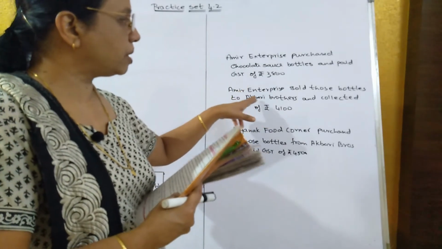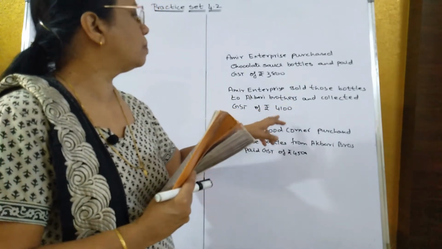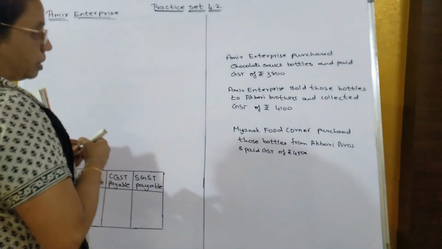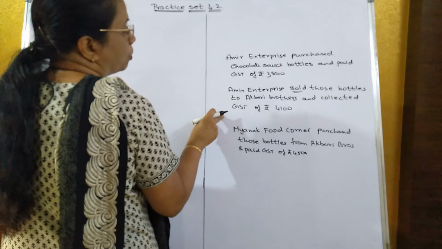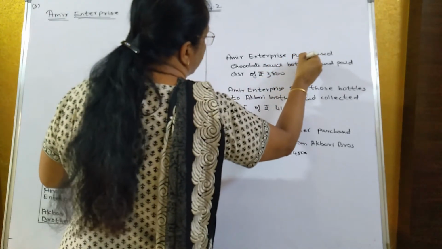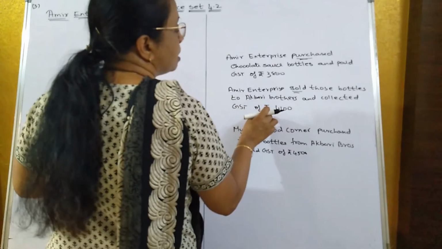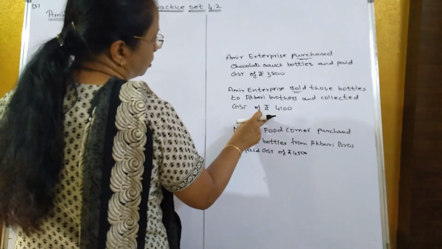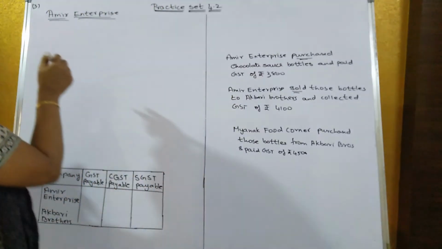That is, Amir Enterprise sold those bottles to Akbari brothers and collected GST of rupees 4,100. So whatever is sold, that is called output tax, and whatever is purchased at whatever price, it is known as input tax. So the price at which one sells is called output tax, and the price at which one purchases is called input tax. So how much is the output tax?